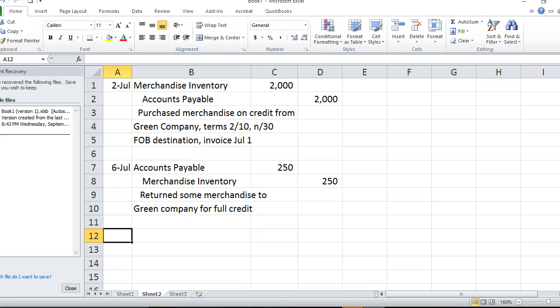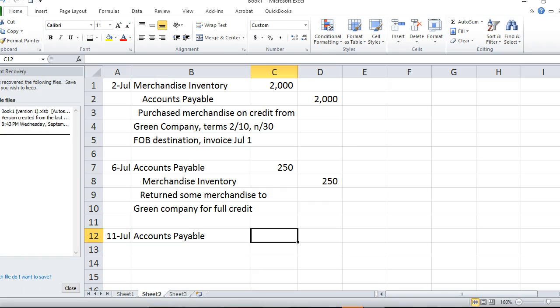So on July 11th, we can debit our accounts payable for the full amount.